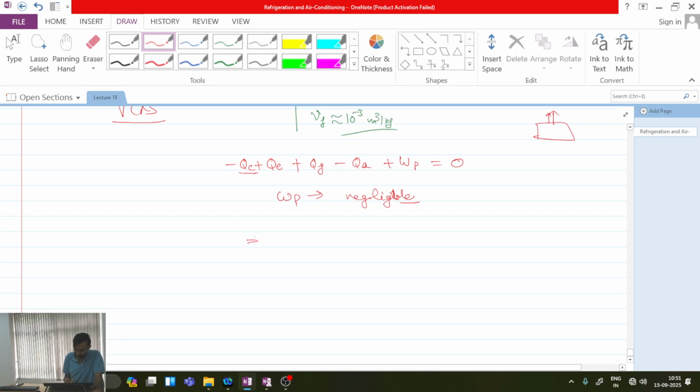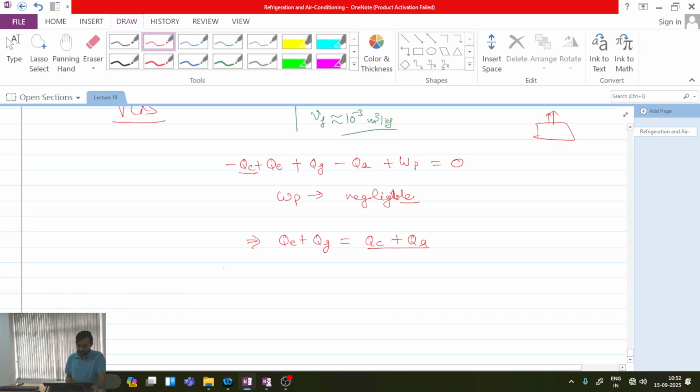If WP is negligible, from here I will get that QE plus QG is equal to QC plus QA. Okay, so QE and QG is the energy supplied, and QC and QA is the heat removed.